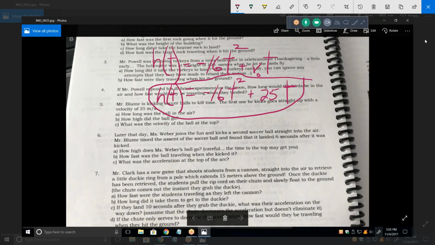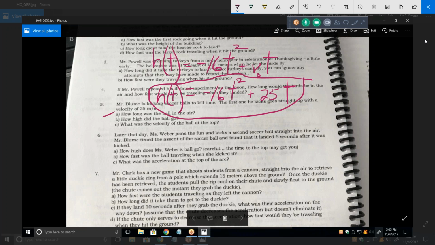So how long was the ball in the air? What's the height of the ball when it comes back down? Well, not yet, we'll get to the top. First of all, they want to know how long the ball was in the air.